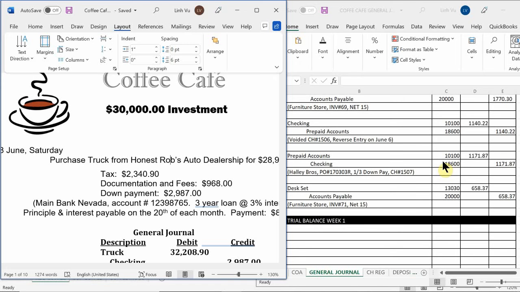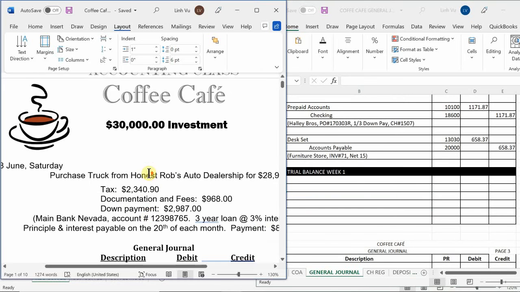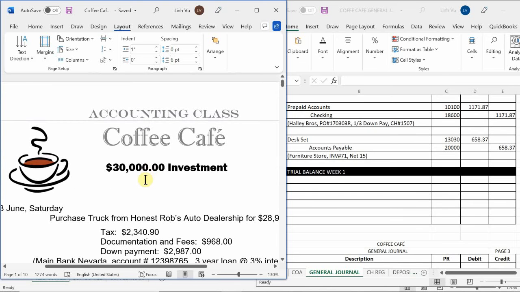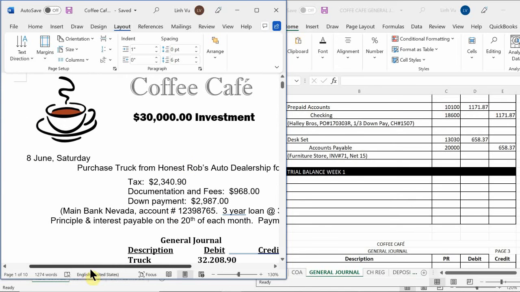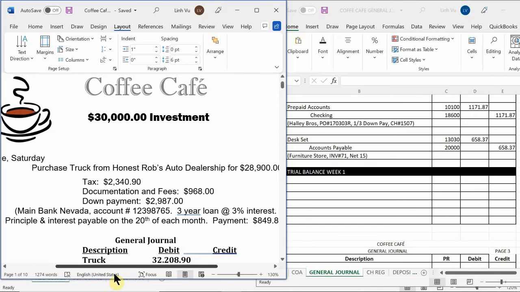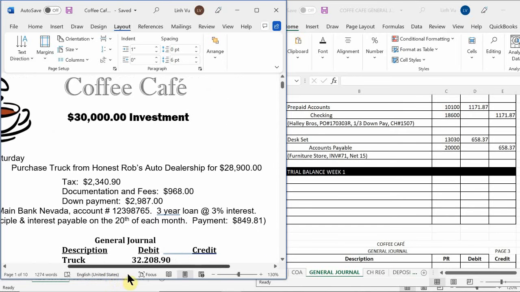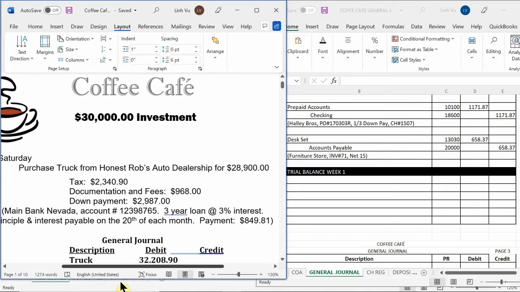Okay? So now that we have completed our first week, we're going to get started with our transactions on the 8th. It is Saturday, June 8th. And we decided to go buy a truck. Here are the details on the truck.